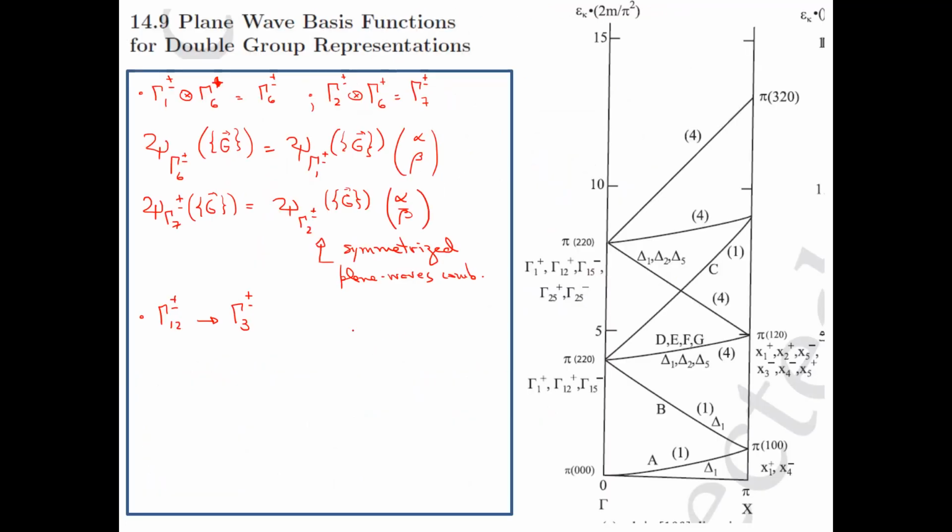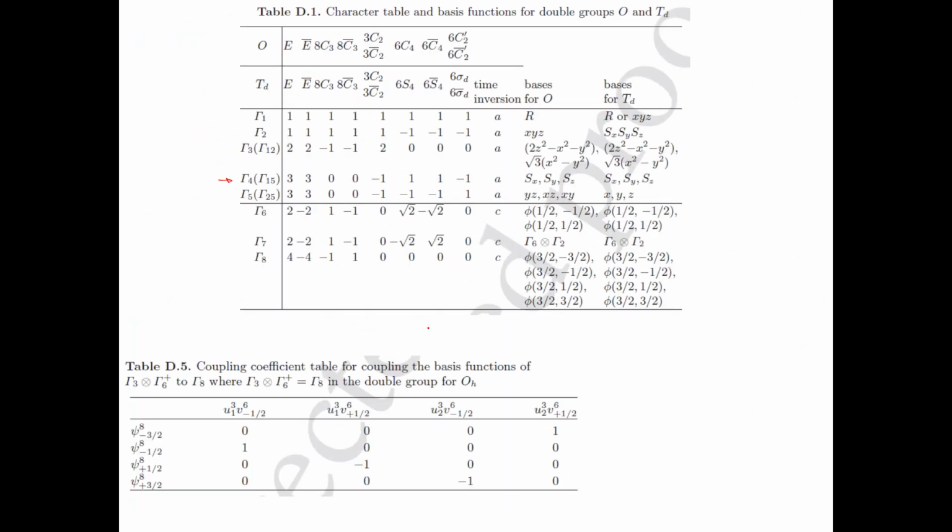This results from the direct product between my original gamma 1 2 and gamma 6. It's what we call in double group gamma 3. And that gamma 3 is actually the same as the gamma 1 2 that I had before. So you see, these are the basis functions for gamma 3.